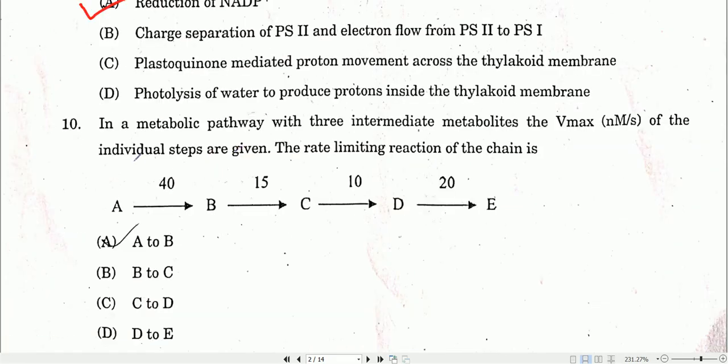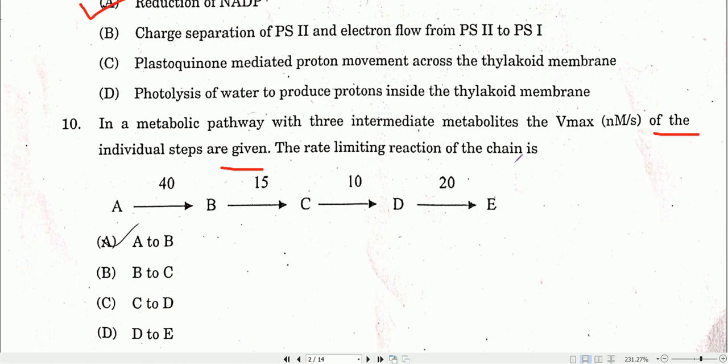Coming to question number 10. In a metabolic pathway with three intermediate metabolites, the Vmax, that is the maximum velocity, of the individual steps is given, starting from A to E. What is the rate limiting reaction in the chain? Here we need to know the limiting enzyme or limiting reaction.